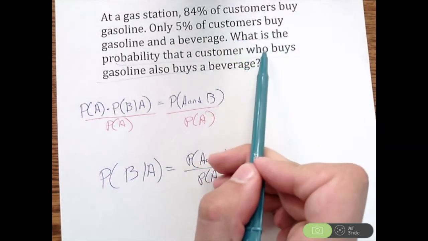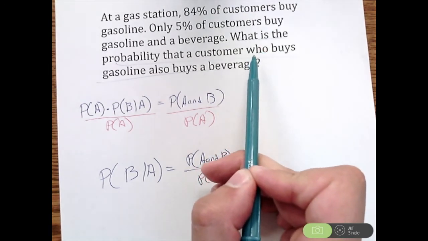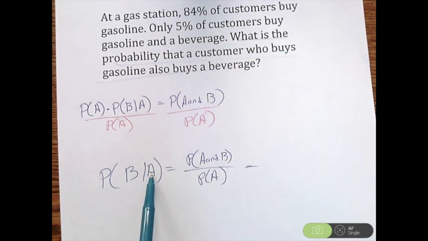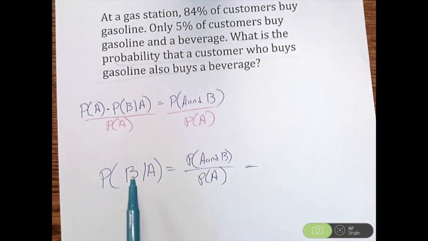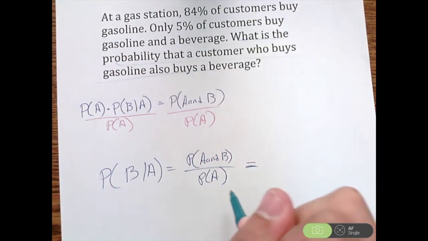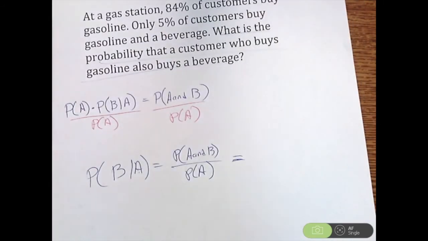They're saying, given that they bought gasoline, that's the A part, what's the probability they also buy a beverage? That's B. So gasoline is A, beverage is B.